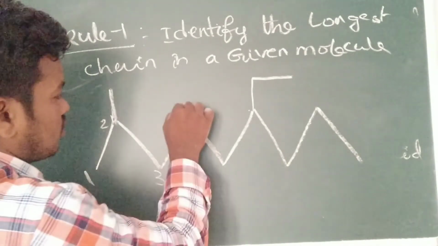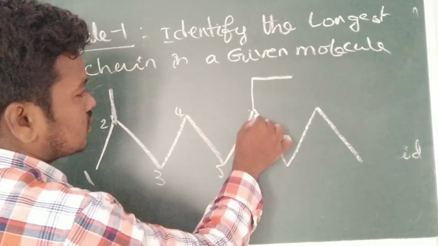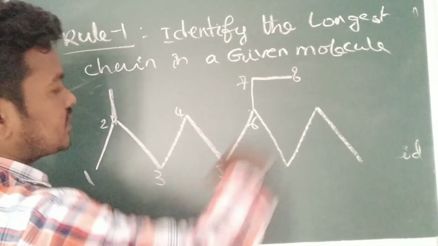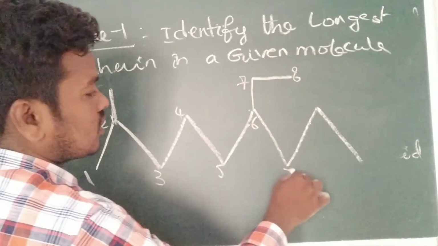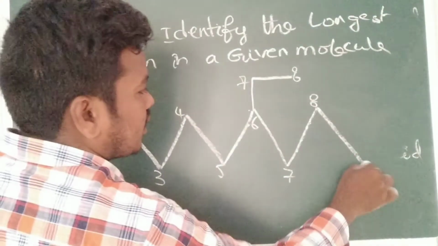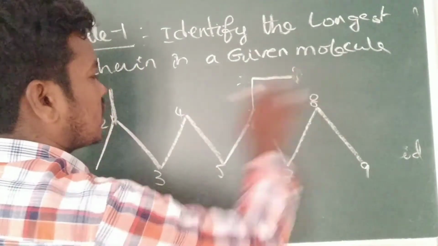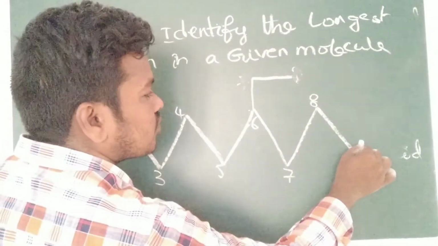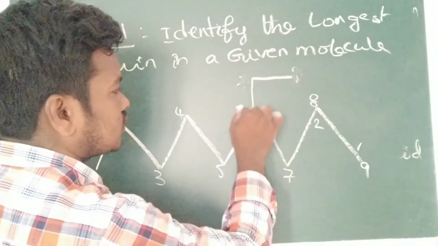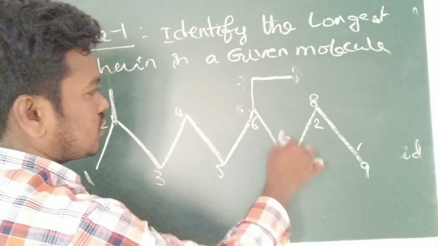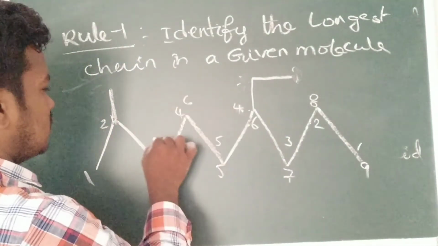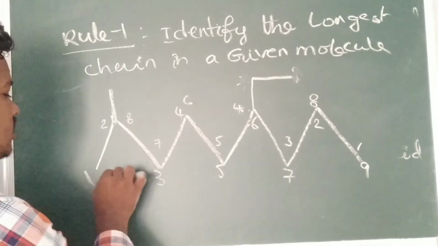1, 2, 3, 4, 5, 6, 7, 8. If you go like this, it is only 8. For example, 6, 7, 8, 9, like this. So this is the correct one. Right to left also you can see, 1, 2, 3, 4, 5, 6, 7, 8, 9.